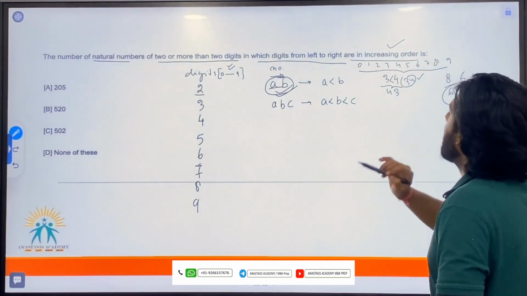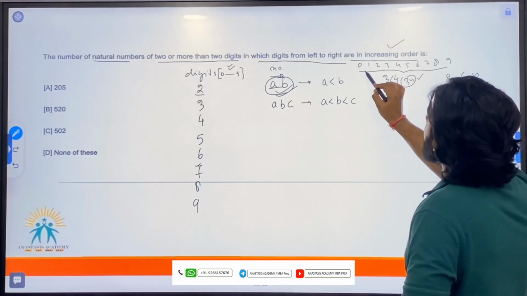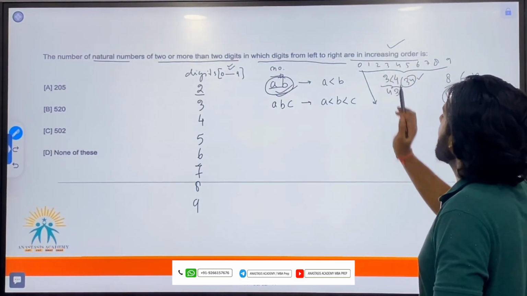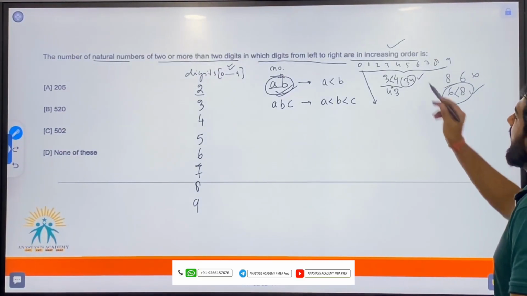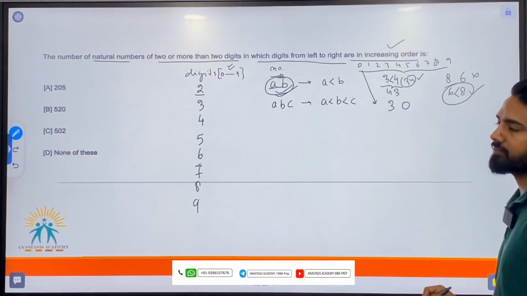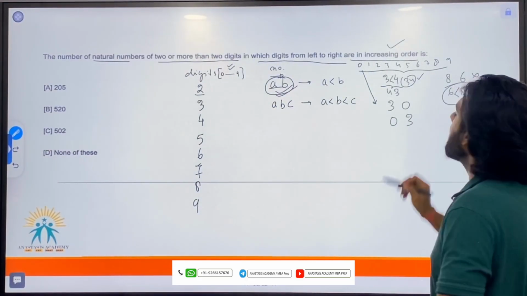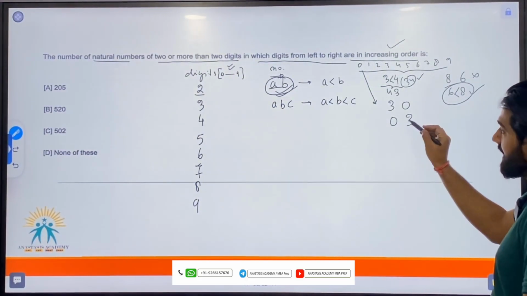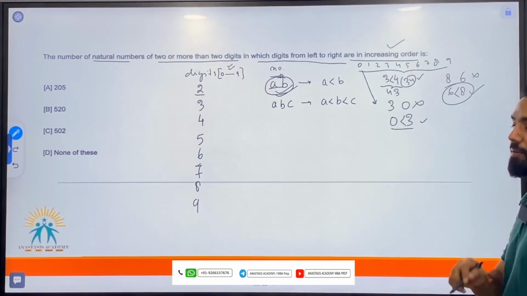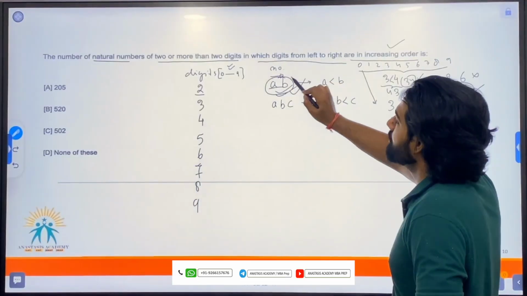But listen carefully. If I choose 0 in any of the numbers, for example I chose 3 and 0, also 03 can be made, in which B is greater than A. So this is acceptable, this is not. But mind you, it's a 2-digit number.